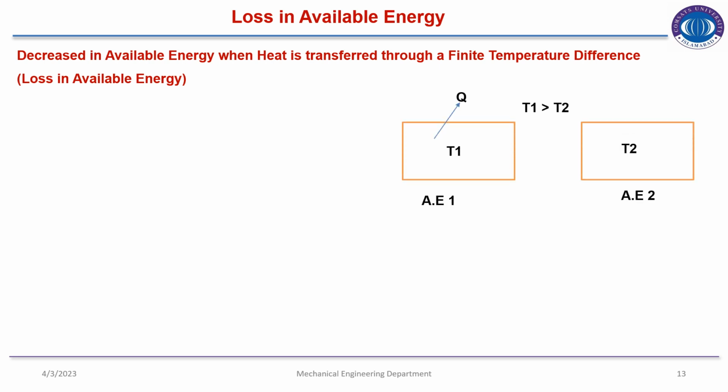Loss in available energy. As you know, available energy and unavailable energy run parallel to each other because they combine. Available energy and unavailable energy both sum up to make the total energy. So as there is a loss or decrease in available energy, on the other hand there will be an increase in unavailable energy.